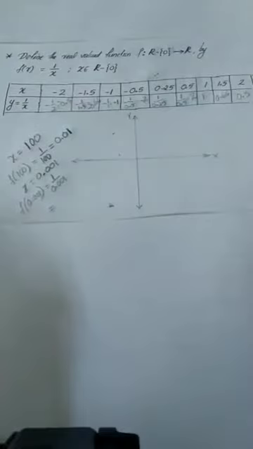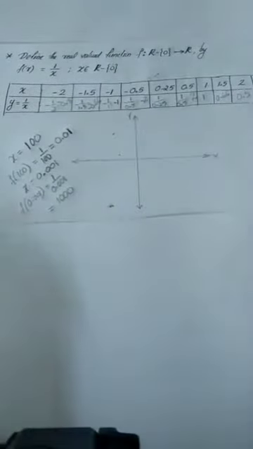It is 1000. So look at the difference. If x is a large number, then f of x, 1 by x, will become a small number. If x is a small number, then the image of this small number will become a large number.